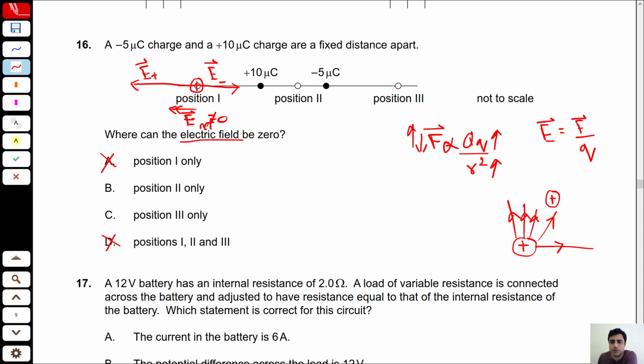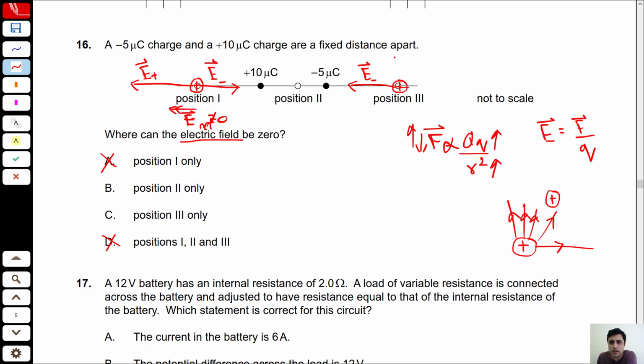Alright, let's test position 3. To measure the net electric field strength at position 3, always introduce a small unit positive test charge, and then measure the electric field strength acting on it from the different charges. Let's see the behavior due to this negative charge. Negative and positive attract each other, so this is the electric field strength on the test charge due to this negative coulomb.